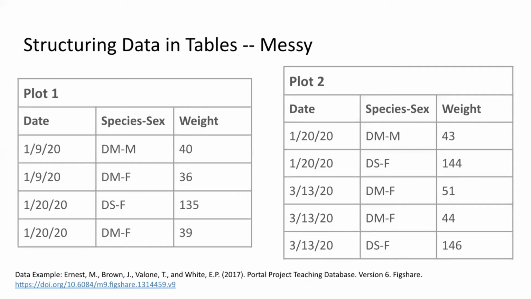There are multiple types of observational units in the same table. And there is a single observational unit stored in multiple tables. So we could combine these tables to make it easier to analyze the full data set. And with some formatting, we can transform this messy data into one tidy data set.